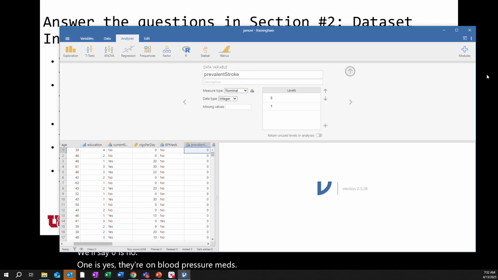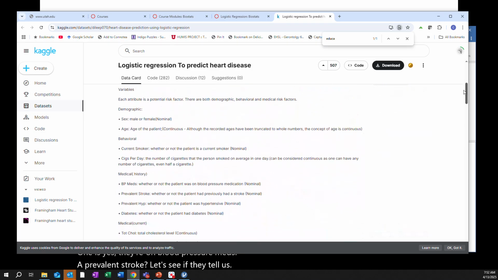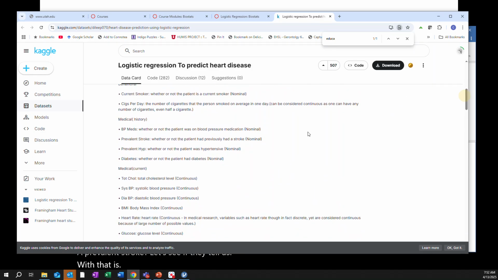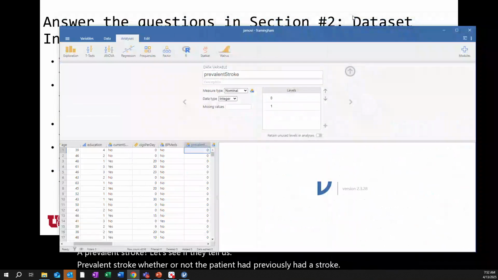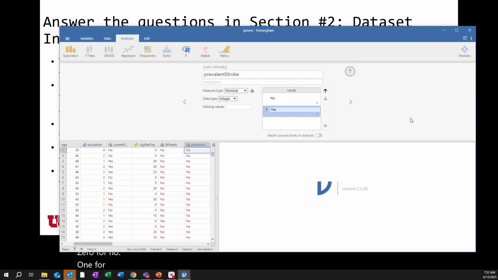Prevalent stroke, let's see if they tell us what that is. Prevalent stroke, whether or not the patient had previously had a stroke. Okay, so 0 for no, 1 for yes. Nominal, that's good.